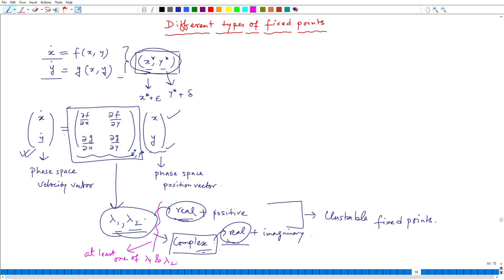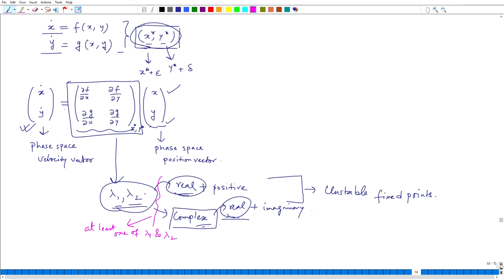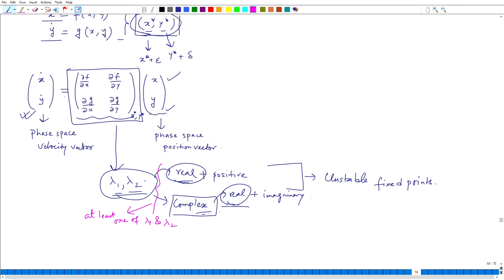On the other hand, for a stable fixed point, both of them should be negative. And for the complex roots, the real part for both of them should be negative. If at least one gets positive, then we have an unstable fixed point.